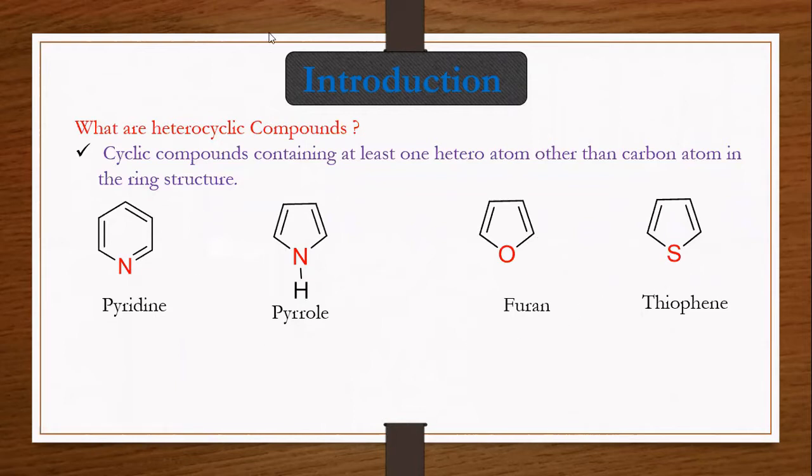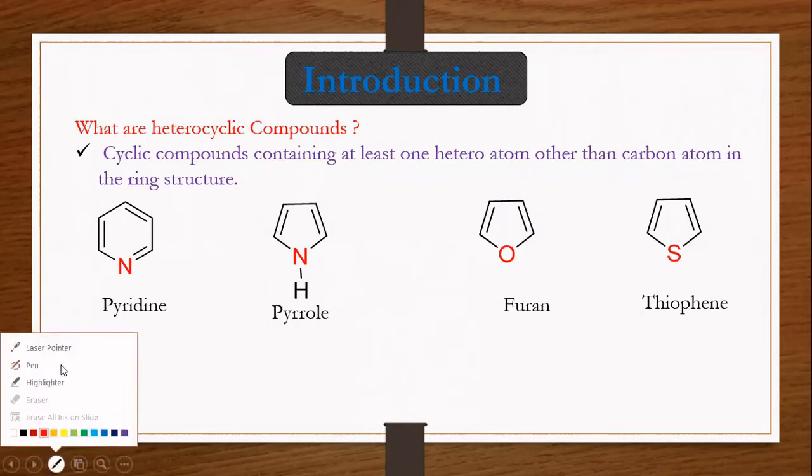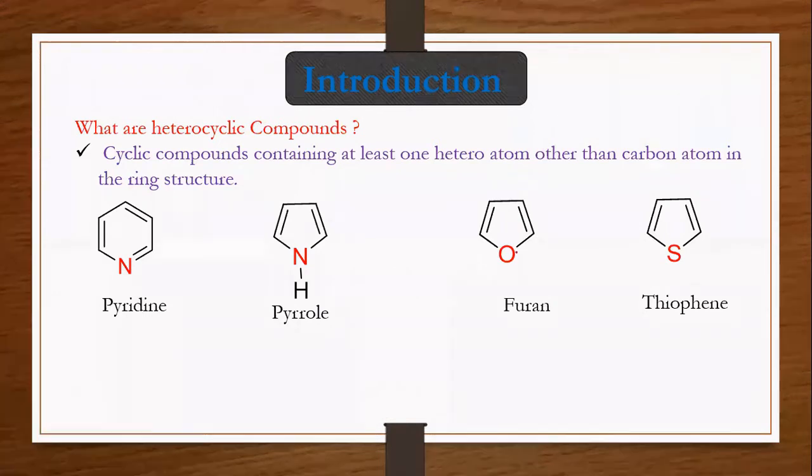Thus, in this, pyridine contains nitrogen as a heteroatom. It is a 6-membered ring, while pyrrole is 5-membered ring containing nitrogen as heteroatom. In case of furan, oxygen is present as heteroatom.